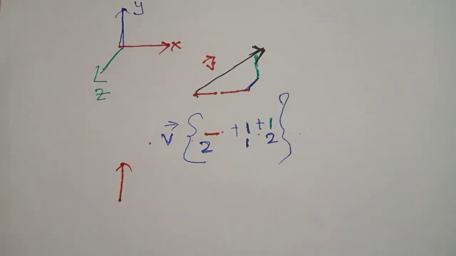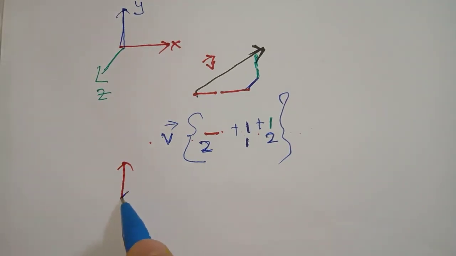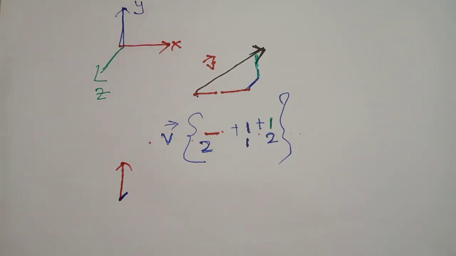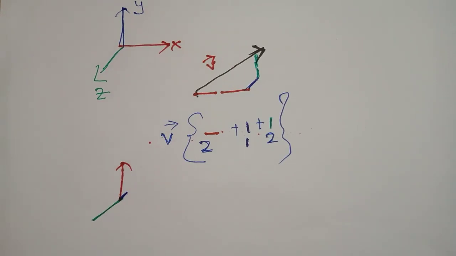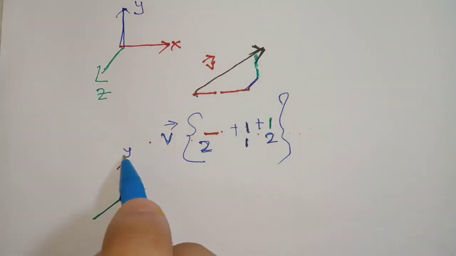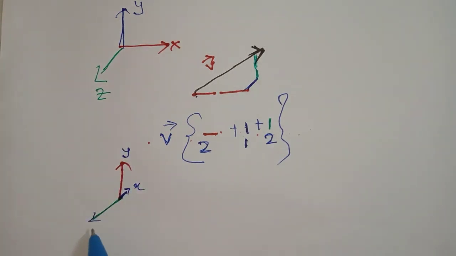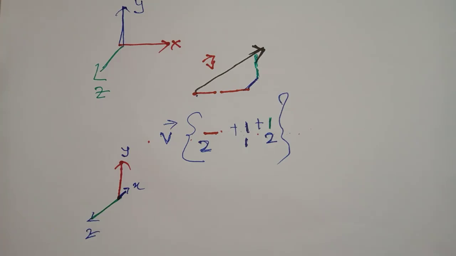But in this case we will use the y-axis this way, and we have a z-axis, which is the green, pointing towards this. So we can write this using a blue color: this is the x-axis, this is the y-axis, and this is the z-axis, right? So x, y, and z.